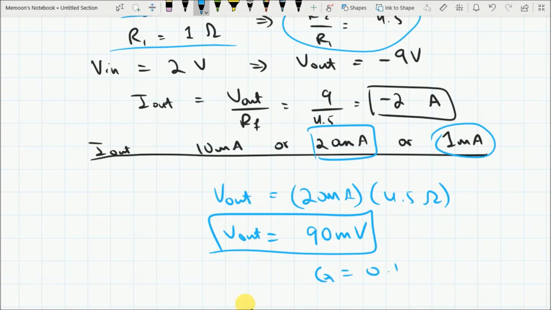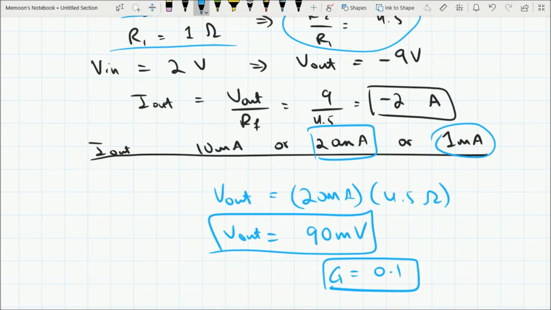So you can give a gain of 0.1 to your input voltages, and that is very much possible using an op amp. But we have to keep in mind that this Vout should be within the saturation or the supply limits, and the current should be within the current limitations of the op amps, that is, how much current can be supplied continuously by the operational amplifier.